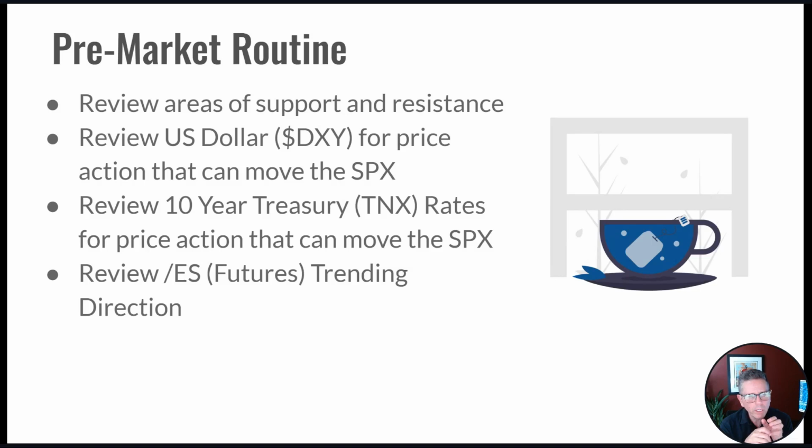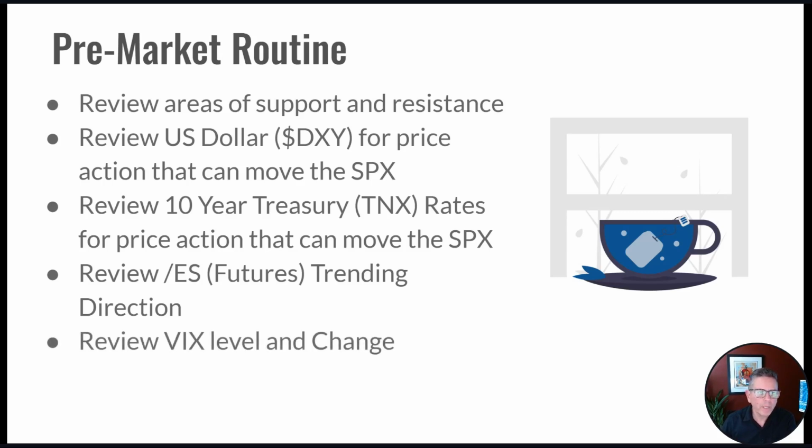ES futures, which is a derivative of SPX, trade basically every single day except Saturday and Sunday. So you can see the trend, where the market is going, very clearly. Look at the VIX level, which is a factor of volatility, and where that is.